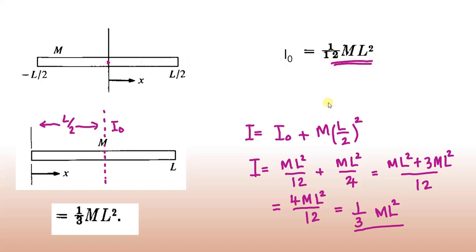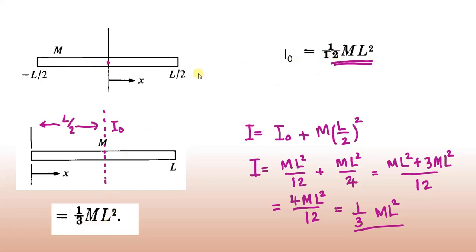Then we calculated the moment of inertia of the same rod about an axis passing through one end, and we got 1 by 3 into ml squared.